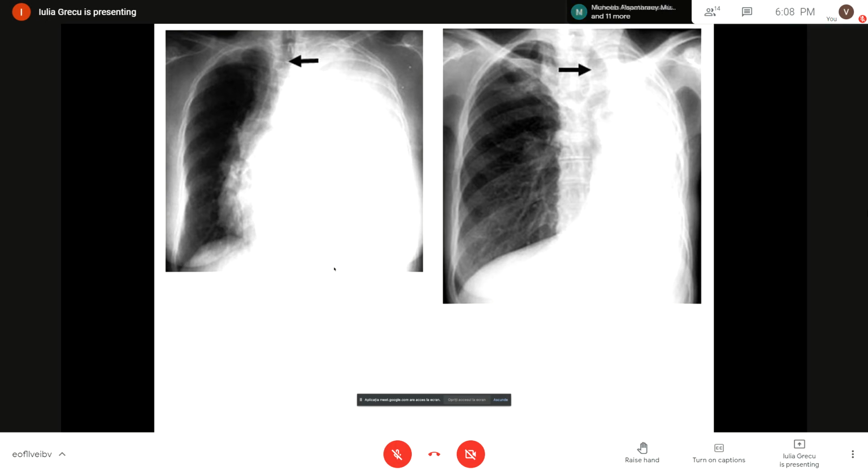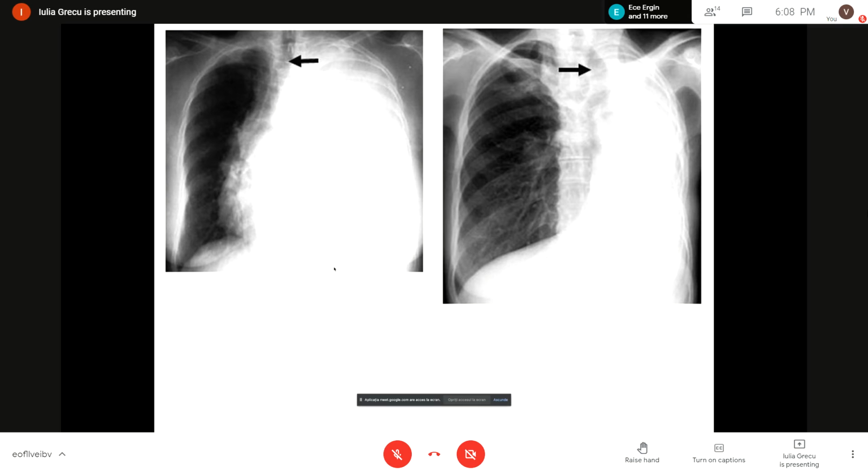What you have to say a bit more is, I agree with you, it is a high intensity opacity, but you have to say something like it covers the whole left hemithorax. You have to locate it a little bit so that we can be sure what we're talking about.